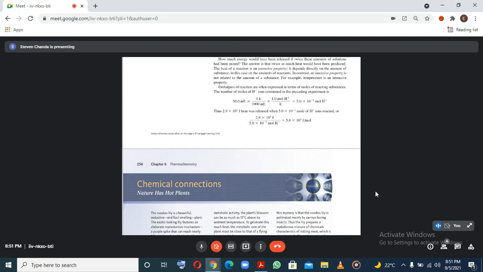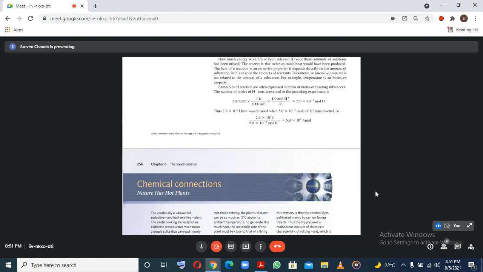So heat is an extensive property because it's dependent on the amount of the reactants. But temperature, on the other hand, is an intensive property. What this basically means is temperature is something that a substance is going to have; it doesn't increase depending on the amount.